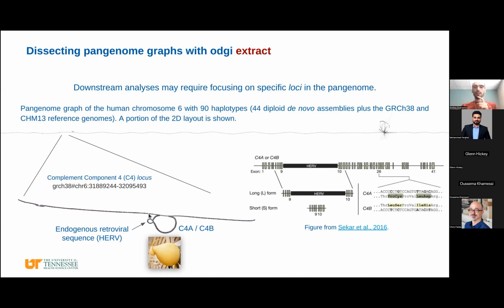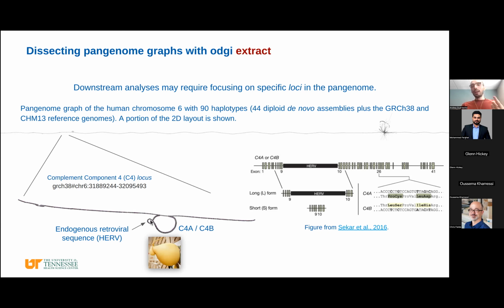The difference is that in the short form, this retroviral sequence is absent. Instead, in the long form, this retroviral sequence is present. And this is reflected in the graph layout with this nested little loop. So when the sequences have this retroviral sequence, they will go also through this loop.